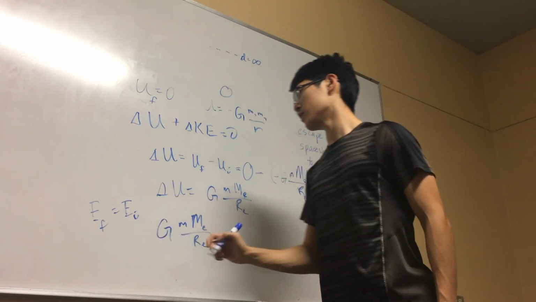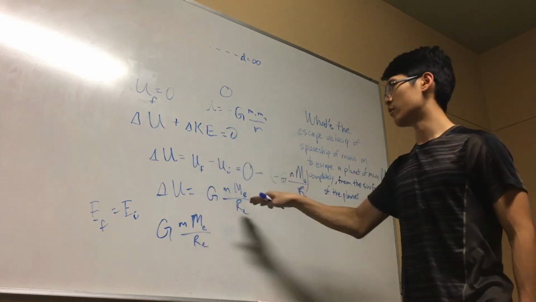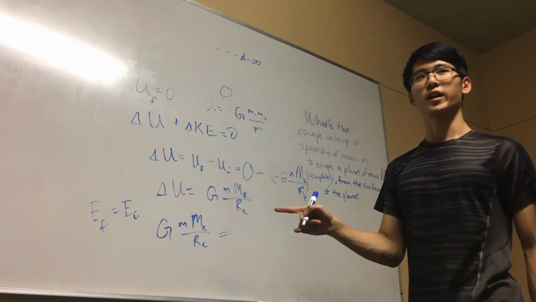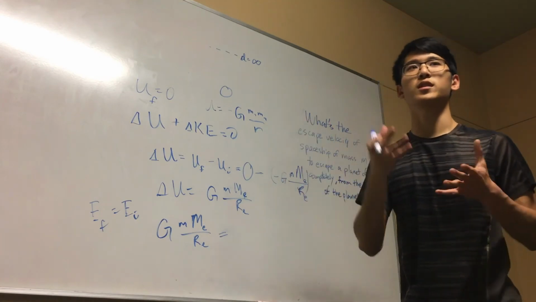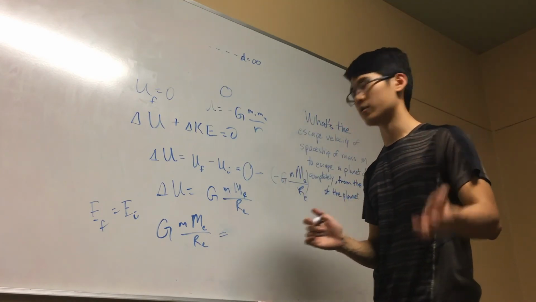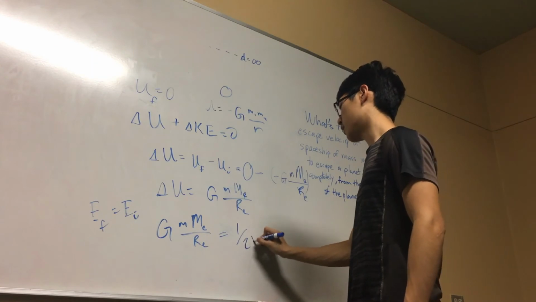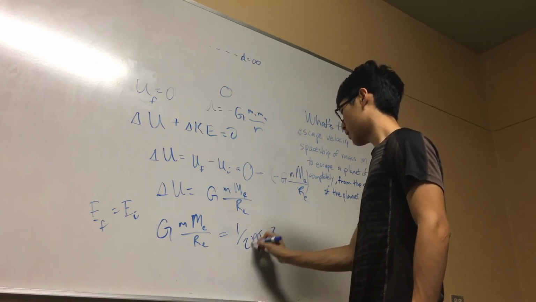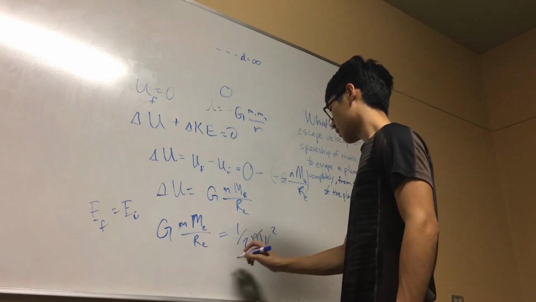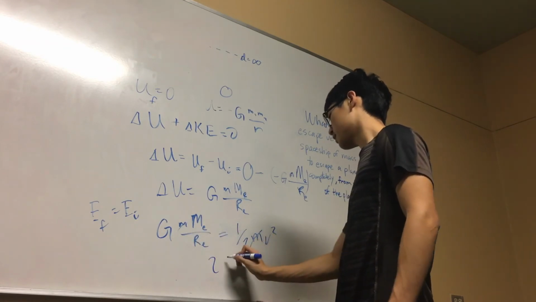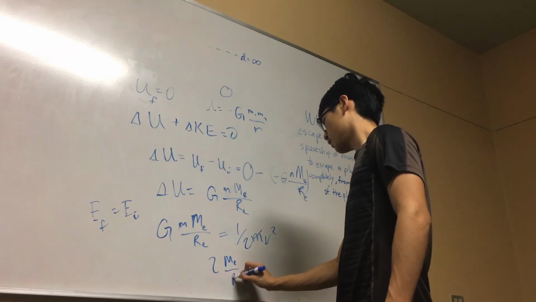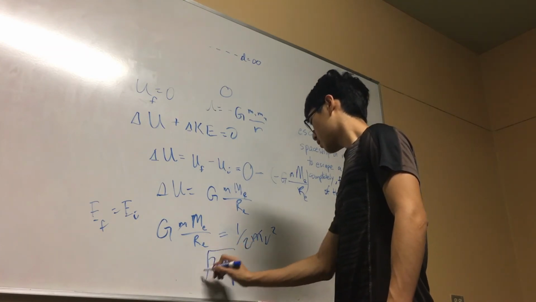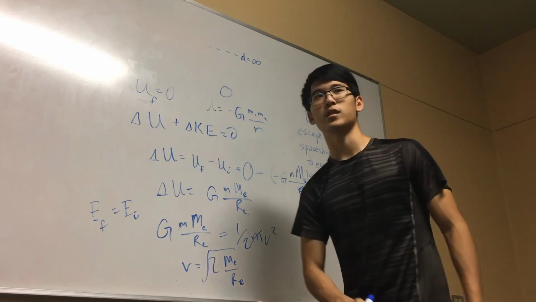The energy final is going to be all gravitational potential energy, but the energy initial is going to be all kinetic energy, because we're trying to find the initial kinetic energy it needs to reach escape velocity. So one half m v squared, and then you cancel out the m's. And v is your escape velocity, so 2 M E over R E, square root, and that's your escape velocity.